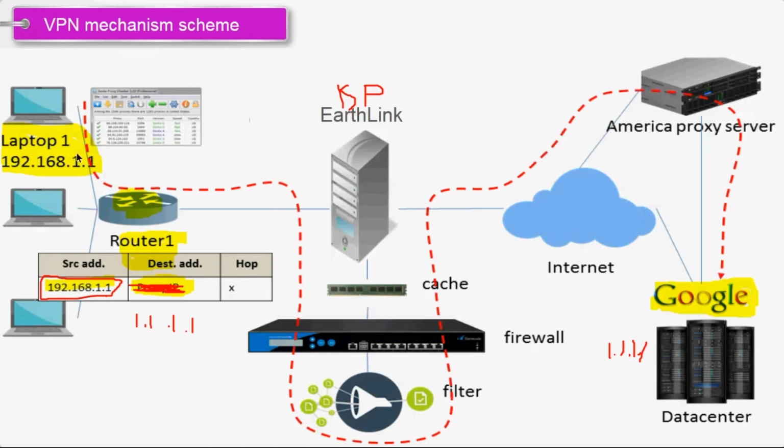So, I'll return back. Laptop 1 goes with the source address to the destination, which is 1.1.1.1, and it will go to the Internet Service Provider. In the Internet Service Provider, the first proxy server is the cache.